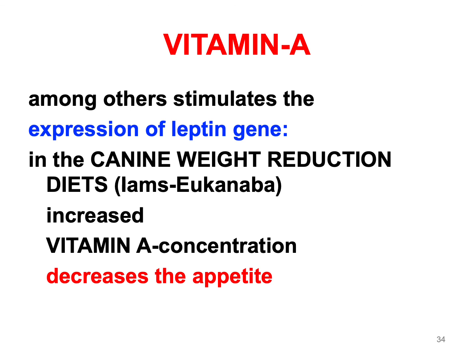And this is the reason that in canine weight reduction diet, we have increased vitamin A concentration, say from the normal 2000 international unit per kilogram, we can apply 3000 international unit. But be careful, because there is a danger of vitamin A toxicosis, so too high is not possible.